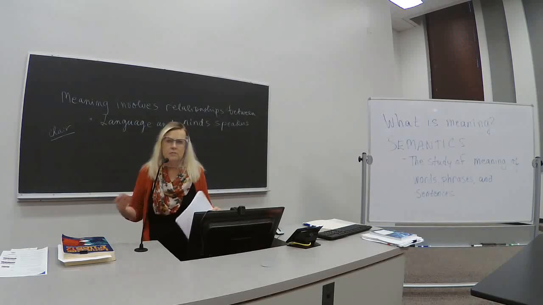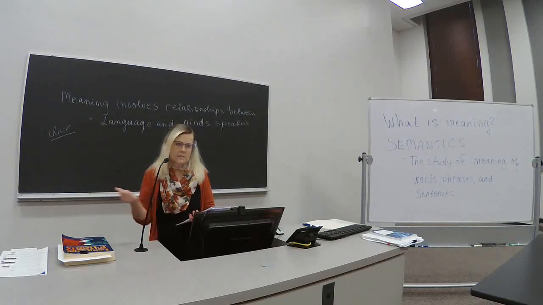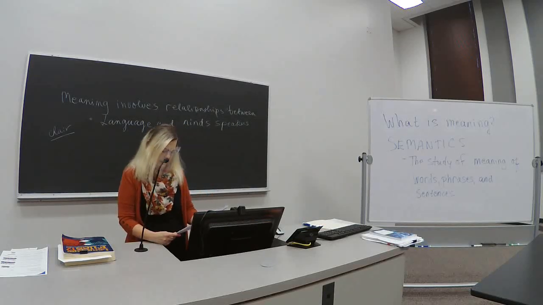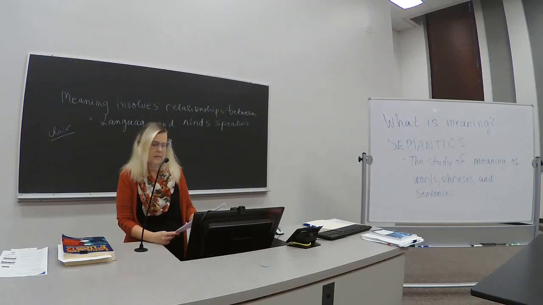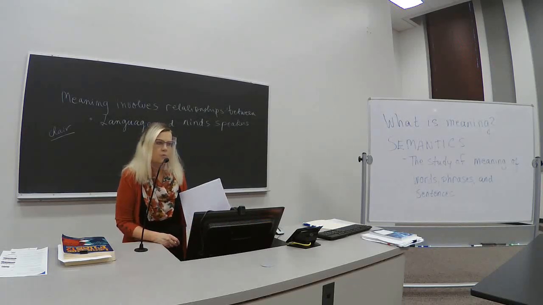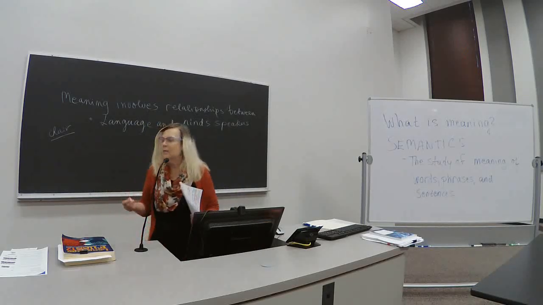They have a certain number of features that are shared, and that's what makes us able to understand the meanings of words. So that's one of the important relationships. Also, language is used to refer to things outside the language.